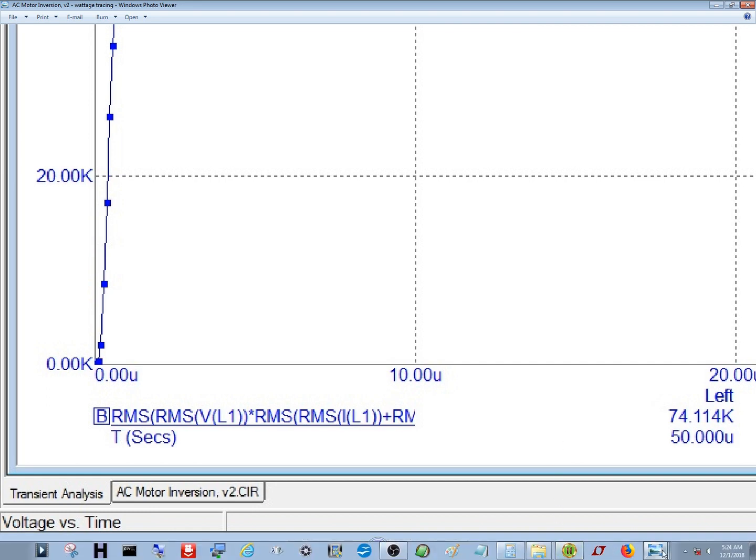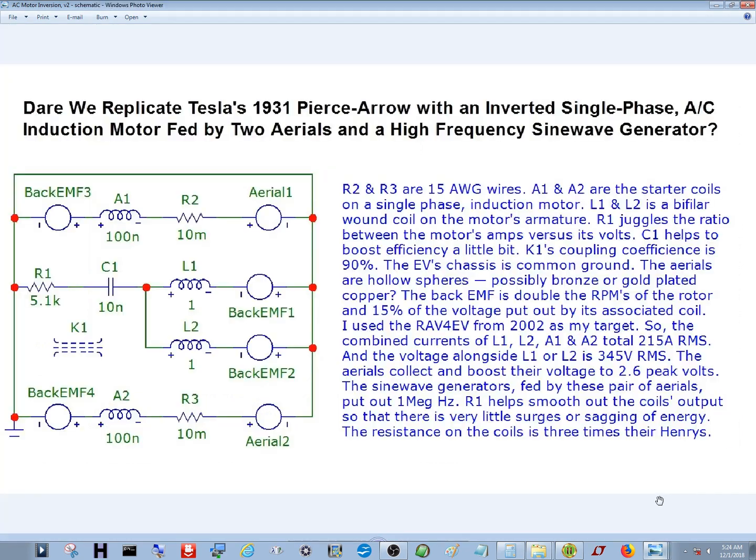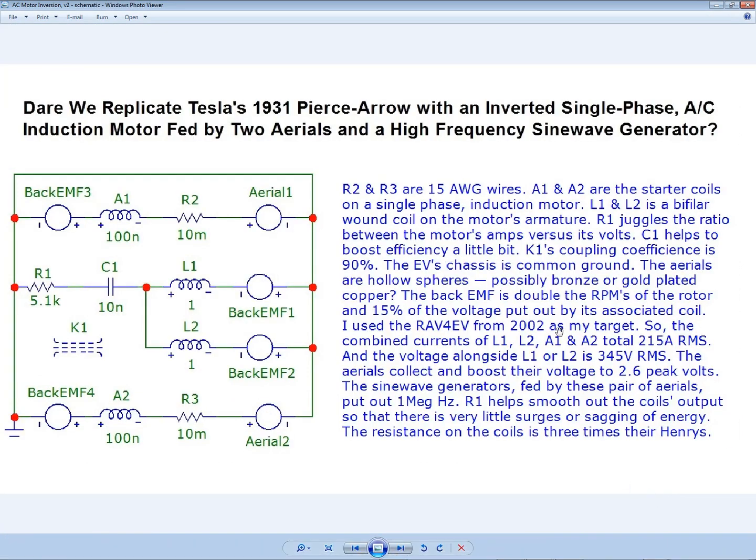Now let's see what other, go back to the schematic. So I'll just read to you the text here in case you can't see the text. Dare we replicate Tesla's 1931 Pierce Arrow with an inverted single-phase AC induction motor fed by 2 aerials and a high-frequency sine wave generator? Dare we?